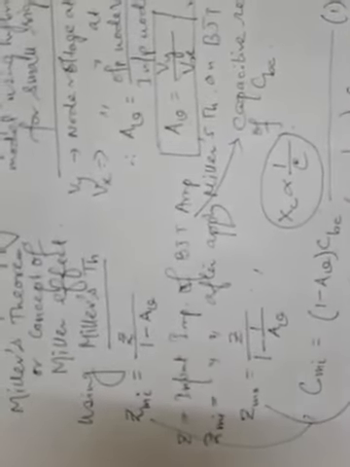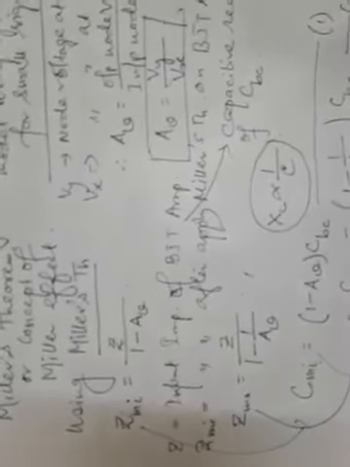So we are getting two equations in terms of CMI and CMO. Solving using the relation for CMI, we should get one upper cutoff frequency, and CMO will provide us another upper cutoff frequency. So we can solve for two upper cutoff frequencies using these two equations, CMI and CMO.